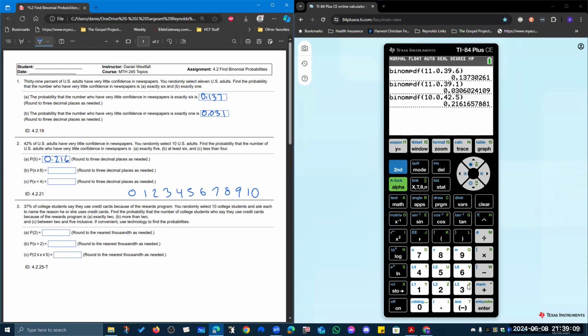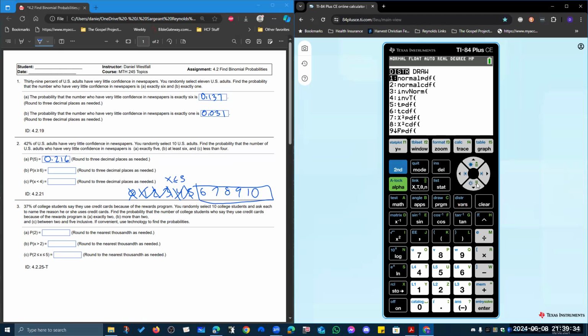Now we want greater than or equal to 6. We don't have a greater than or equal to with our calculator. So we want all this here. That's what we want to keep. So we want to get rid of all of that. So everything that I just X'd off is X less than or equal to 5. Our calculator can do that. So let's take 100% minus second distribution, binomial CDF, which is a less than or equal to statement.